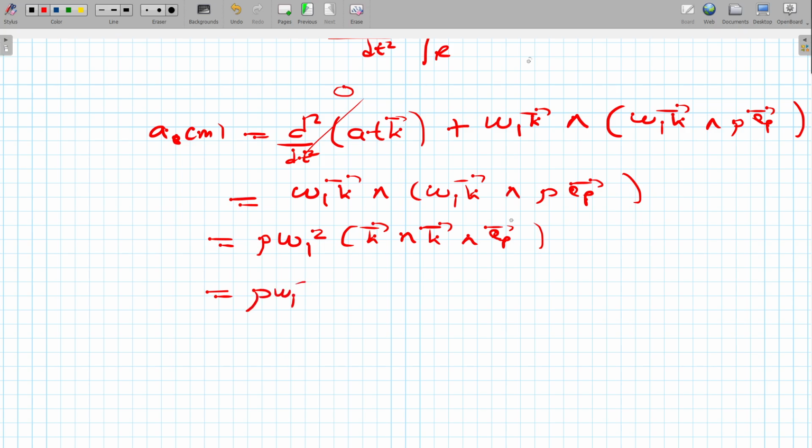So rho omega squared, like so. So k vectorial k vectorial e rho, like so. Let me just verify the formula for the double produit vectoriel.